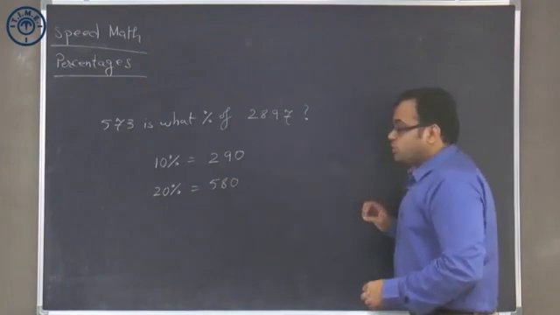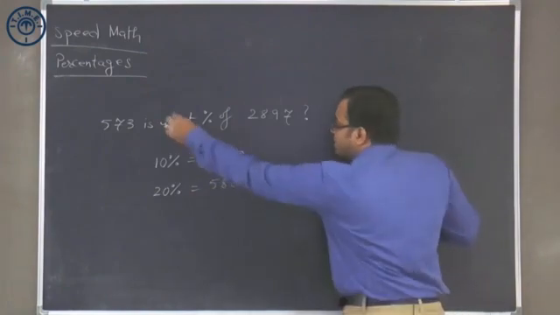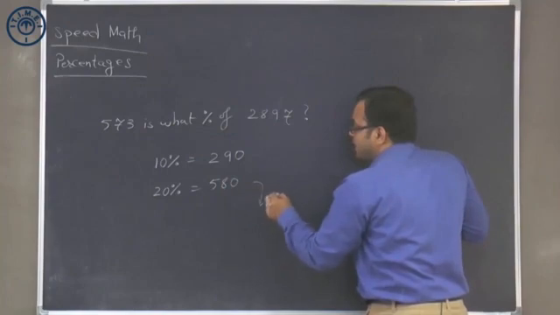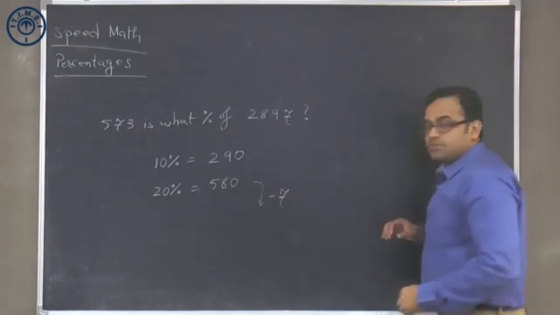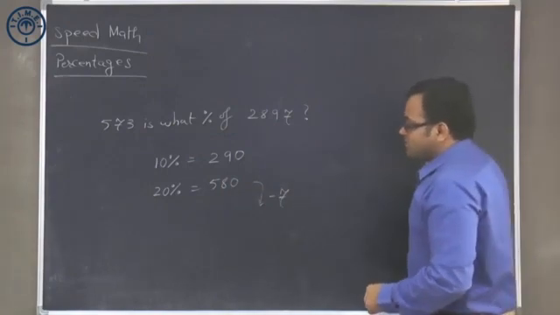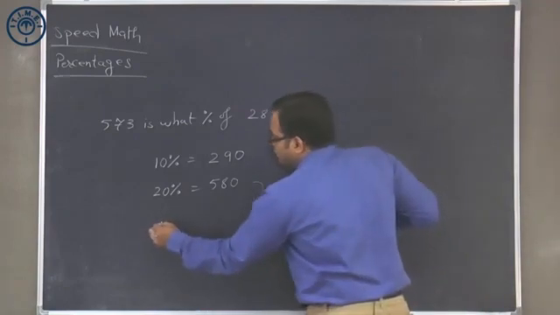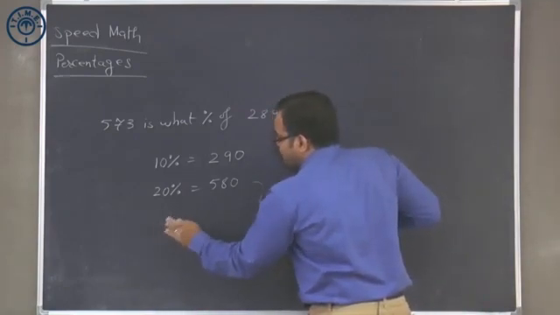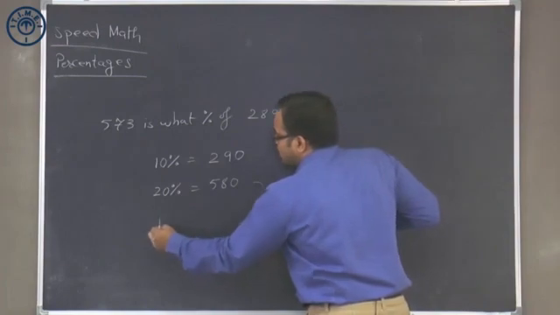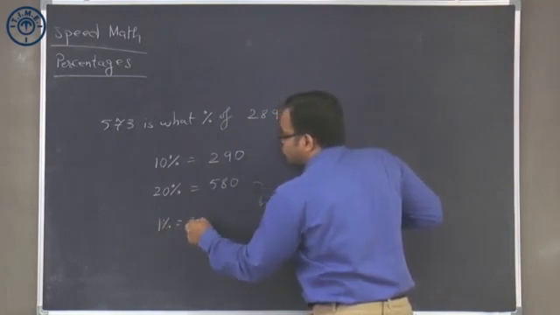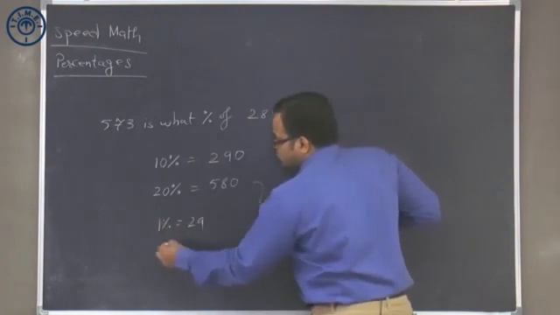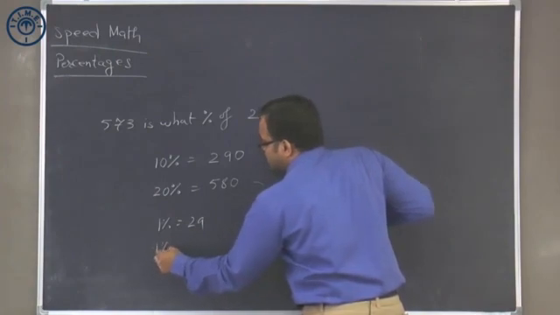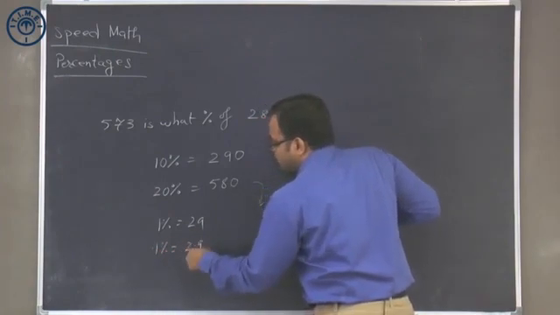If 290 into 2 is 580, from 580 getting to 573, I have to come down by minus 7. To come down by minus 7, what we say is that if 10% is 290, 1% is equal to 29. If 1% is 29, so 0.1% will be equal to 2.9.